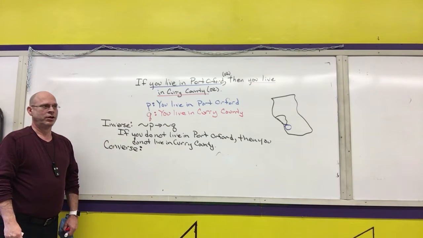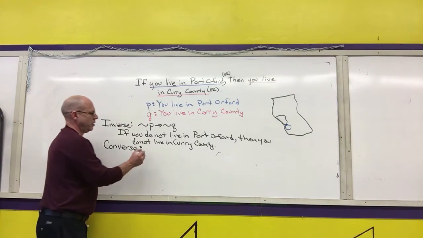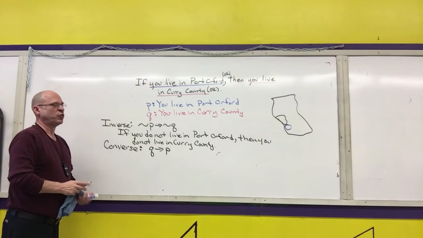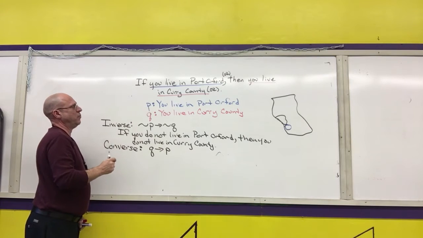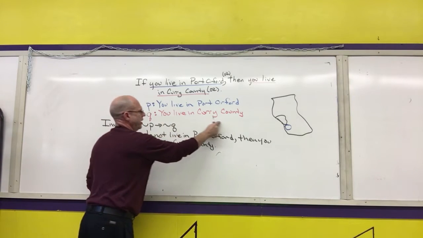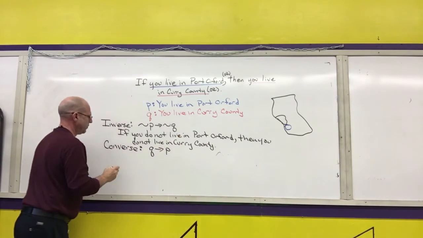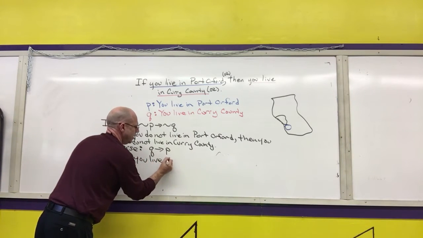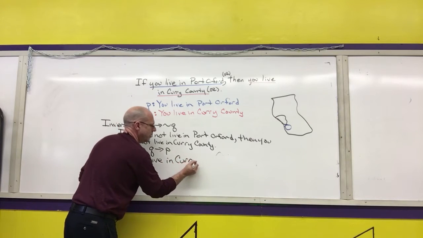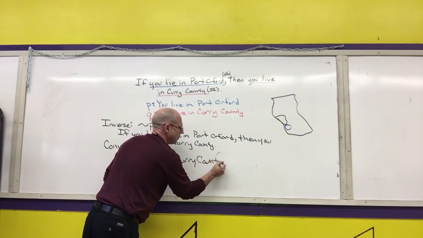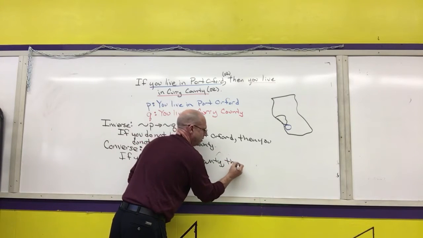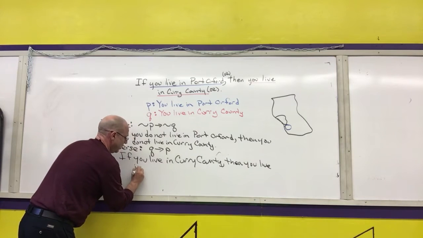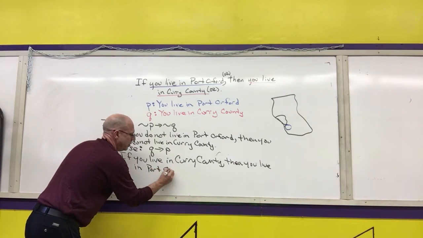Converse is, you swap the hypothesis and conclusion, which is Q implies P. So my statement will become, if you live in Curry County, then you live in Port Orford.